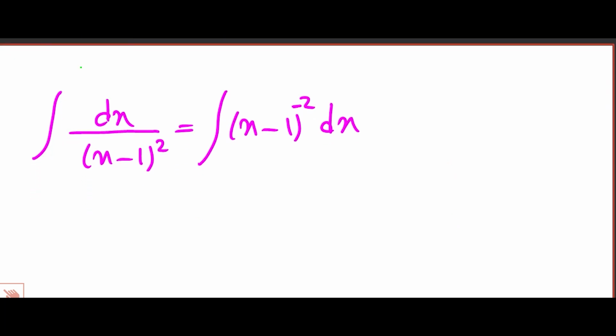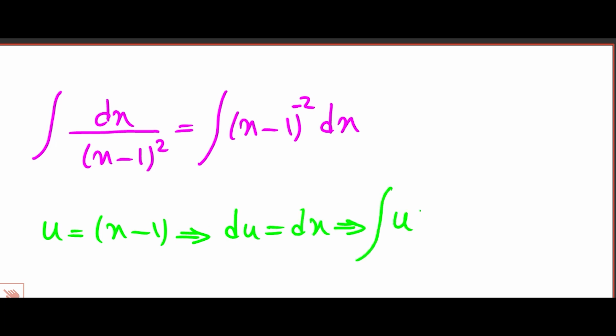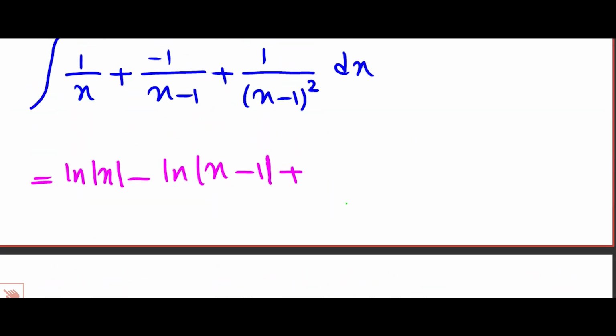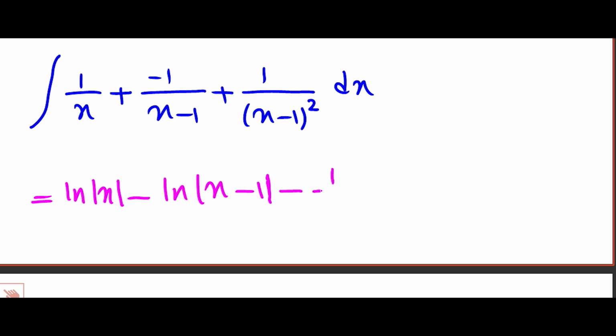So u is x minus 1, so du is dx. So the integral becomes u to the power of negative 2 du. And if we use the power rule, we have 1 over negative 2 plus 1 is negative 1 u to the power of negative 1, or negative 1 over u, or negative 1 over x minus 1. So we have negative 1 over x minus 1 plus c.